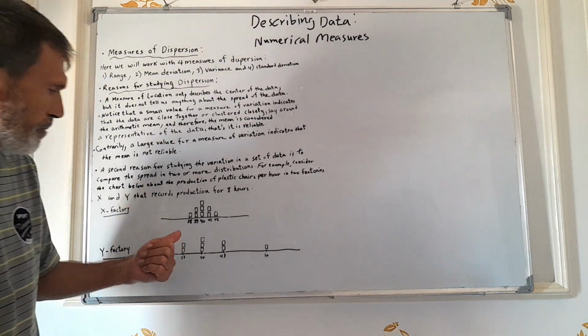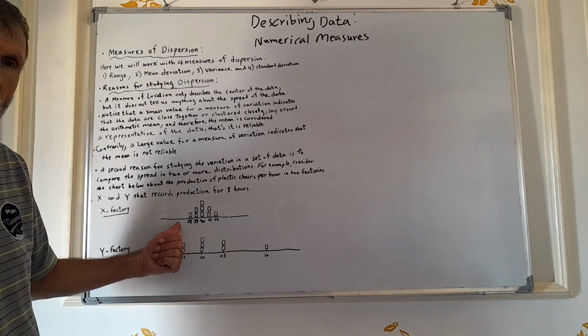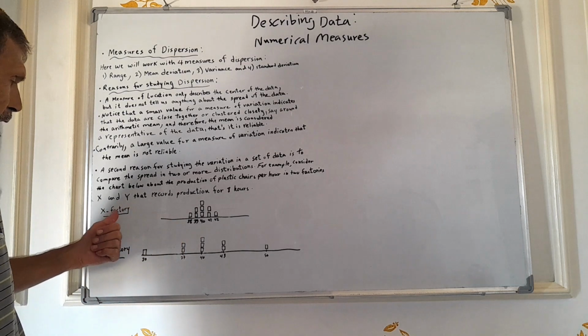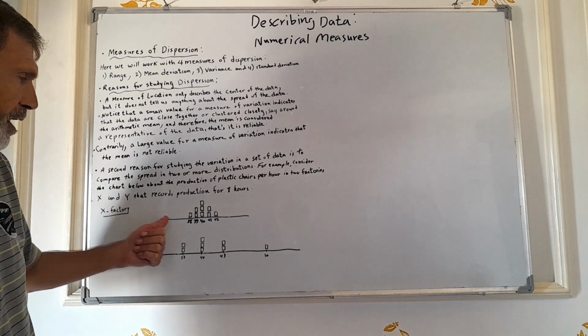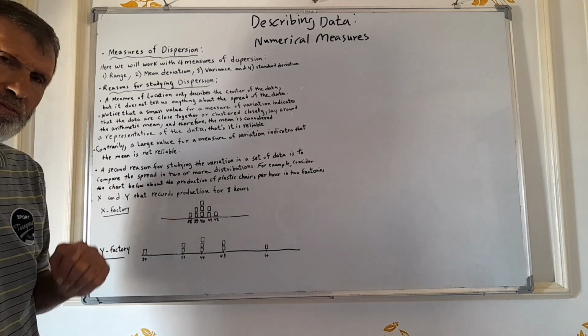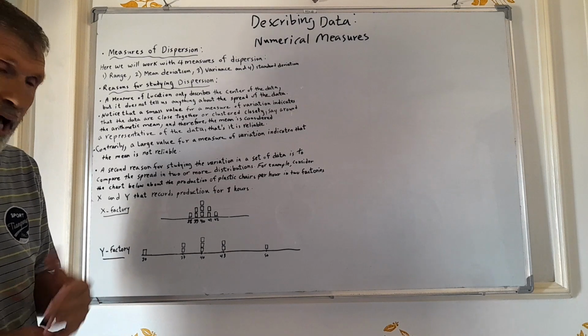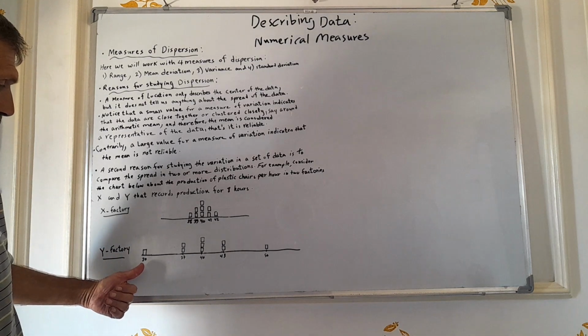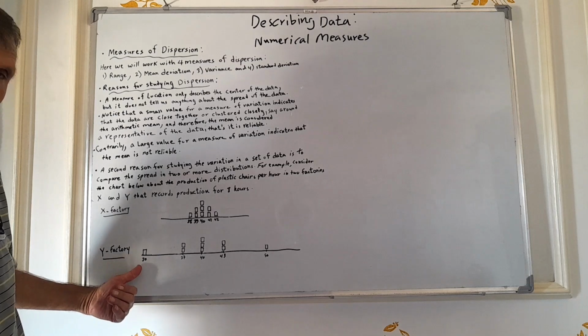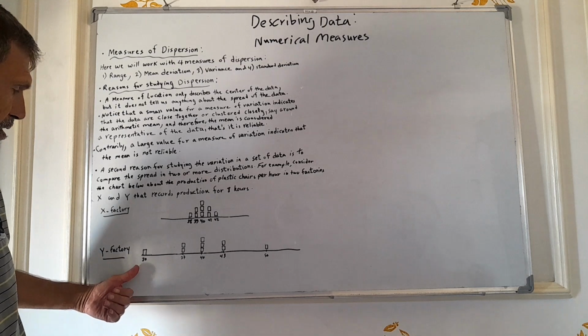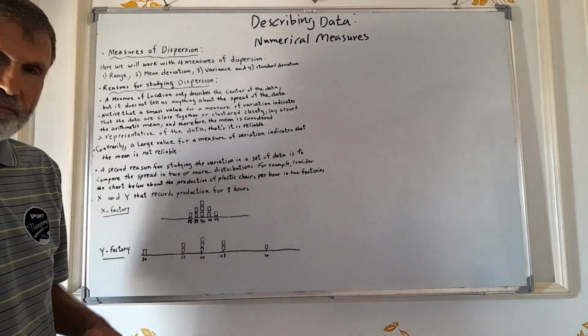As you can see, the output in factory X ranges from 38 to 42. The data are very close to the mean. However, the output in factory Y is very erratic, ranges from 30 to 50.